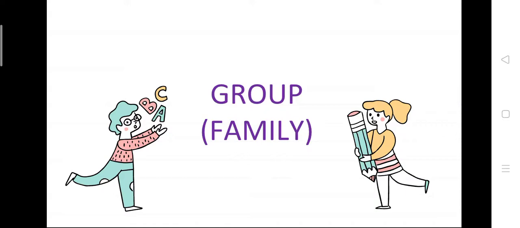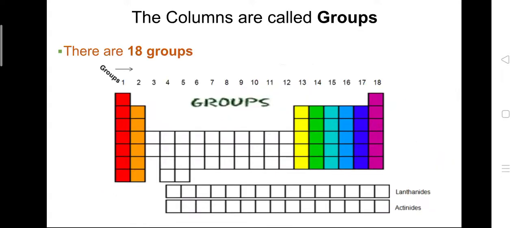The next one is group or family. The columns are called the groups. There are 18 groups, so each one of these is one group. Group 2, 3, 13, 14, up to 18. But the special group here is the lanthanides and actinides.